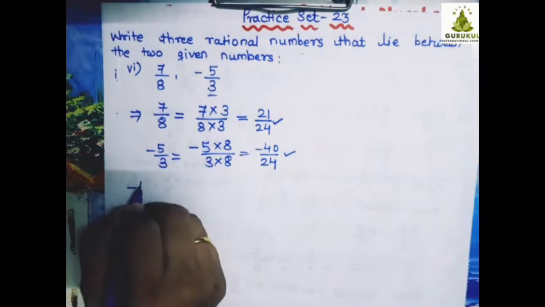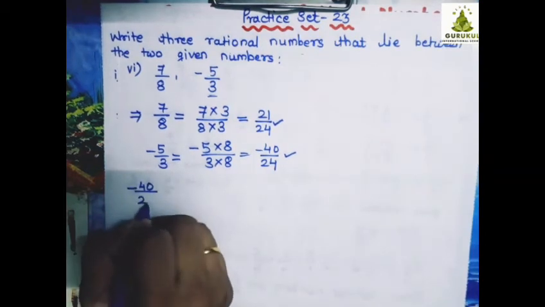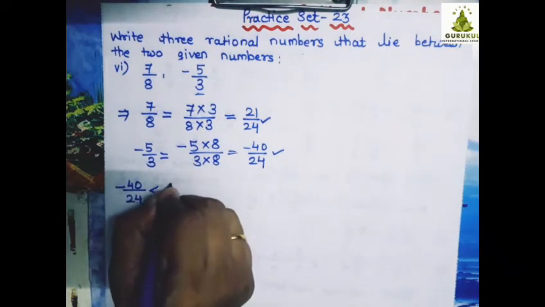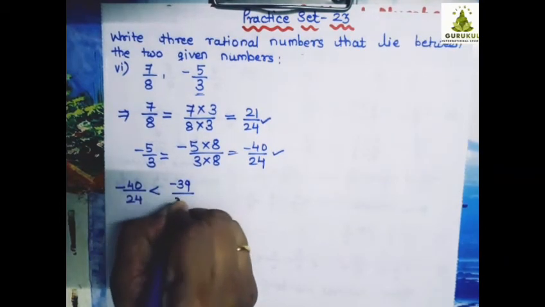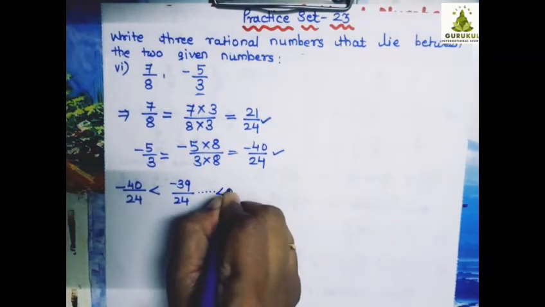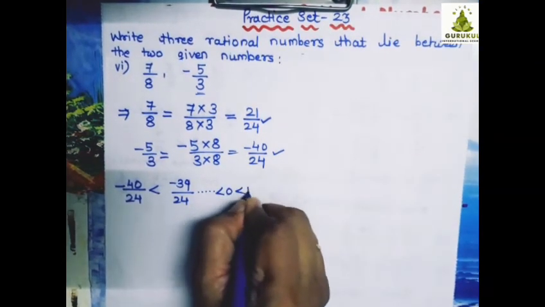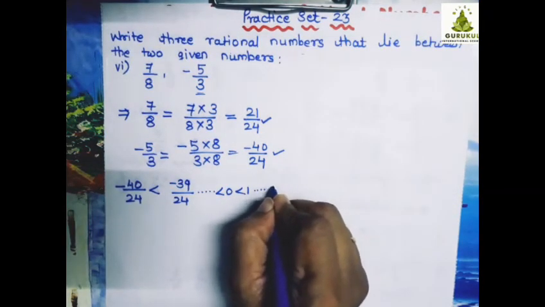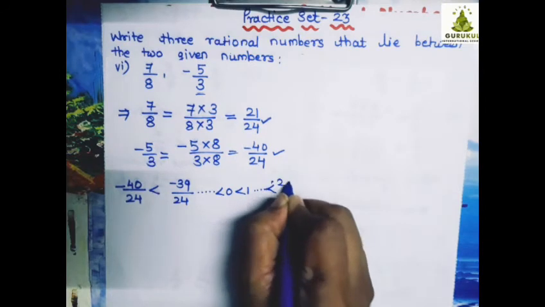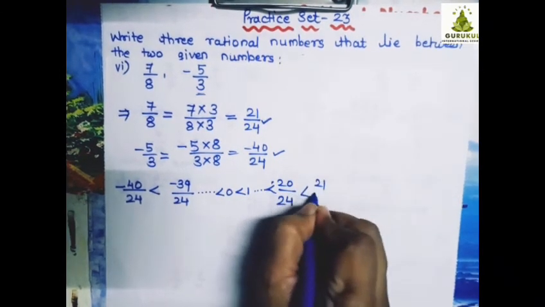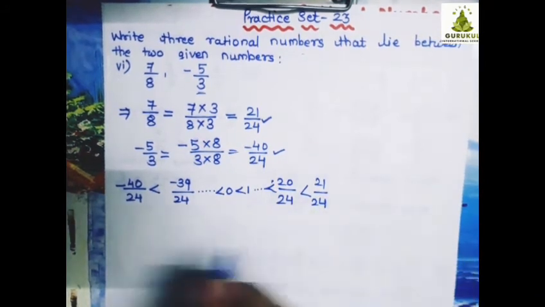So, obviously negative numbers will come first. So, it will be minus 39 upon 24 and so on. In between comes 0, then comes 1 upon 24, and so on, and directly I can write less than 20 upon 24 and 21 upon 24. Okay.